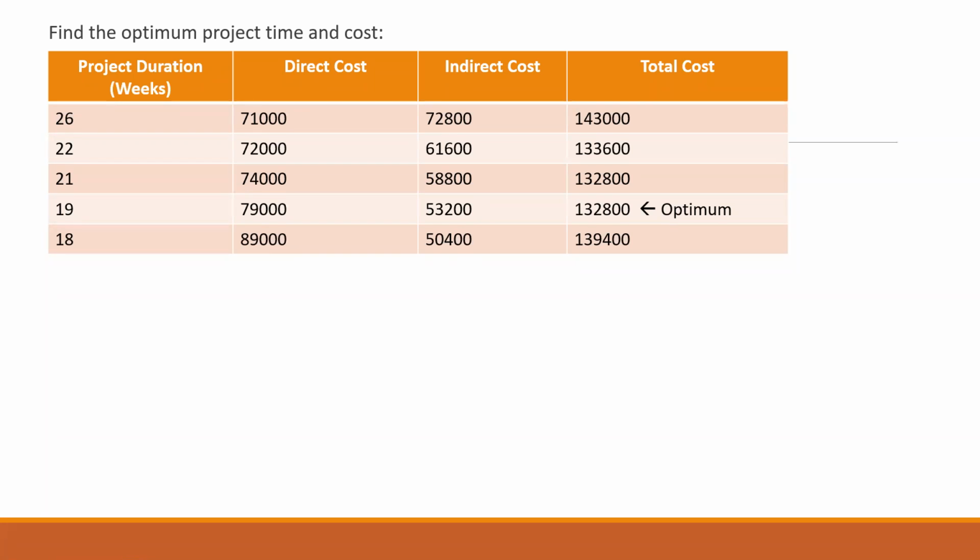But as in this case, with the time reducing further, it is not a curve. If I plot this graph with time and cost, you'll find that the direct cost keeps on increasing with reducing time, and your indirect cost reduces with reducing time. And there is a point where the total cost will start increasing again.